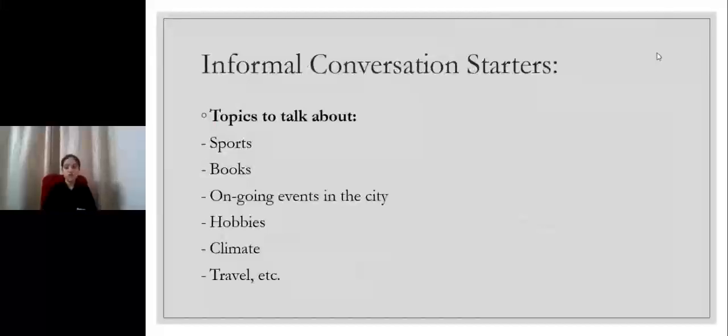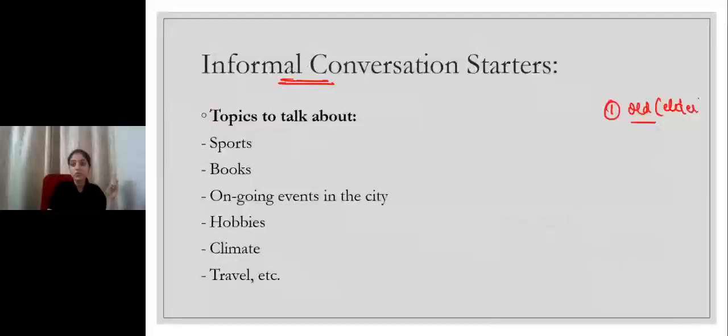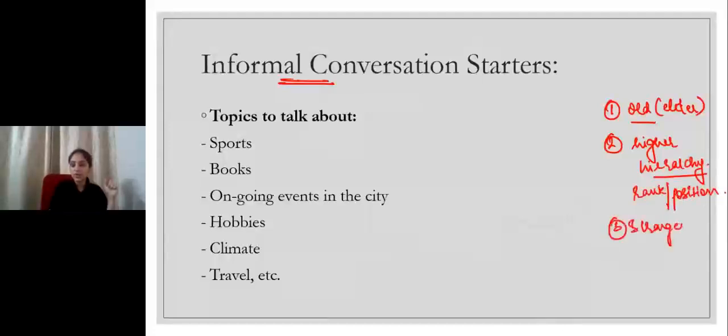Now, informal conversation starters. First, let us revise what informal conversations are. We have discussed that in the case of formal conversations, only three domains are possible. When you are talking to someone who is elder to you in age, or someone who is higher than you in the hierarchy, that is in rank or in position, or when you are talking to a stranger, these are the three domains that will take up the formal conversation starters.